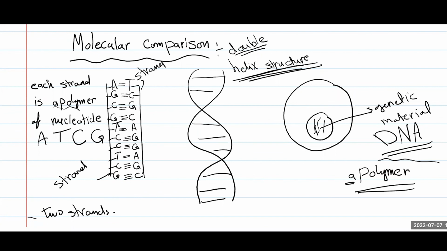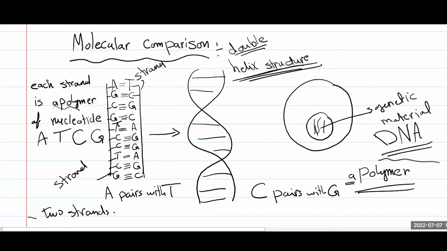The two strands will pair up by their complementary base pairing rule, where A pairs with T and C pairs with G to form the helical structure. Once they are paired up together in that way, the ladder will be twisted and it will be a helix structure like that. You got it? This is the structure of DNA.